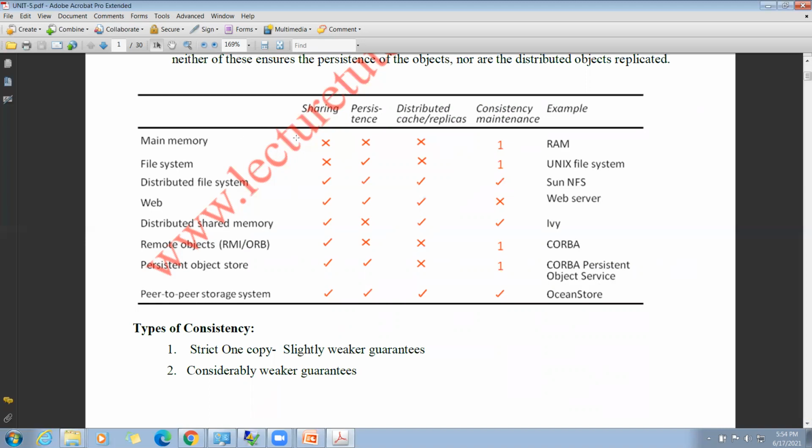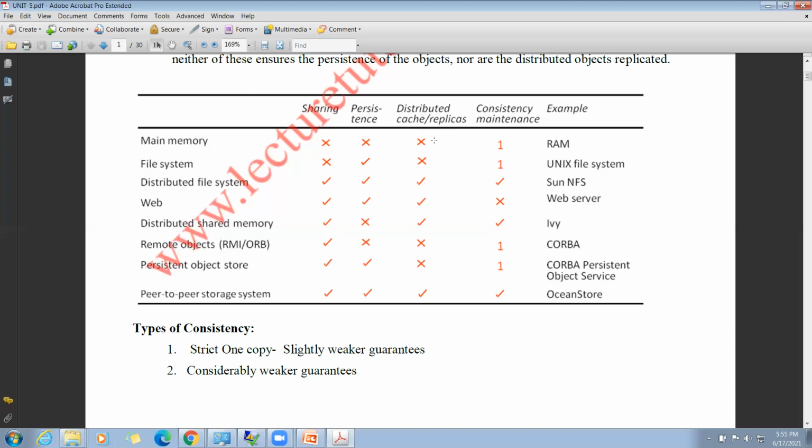For main memory, sharing is not possible and persistence is not possible, and distributed cache is not available. Distributed cache, also sometimes called replica, and consistency maintenance is possible. The example for main memory is RAM.